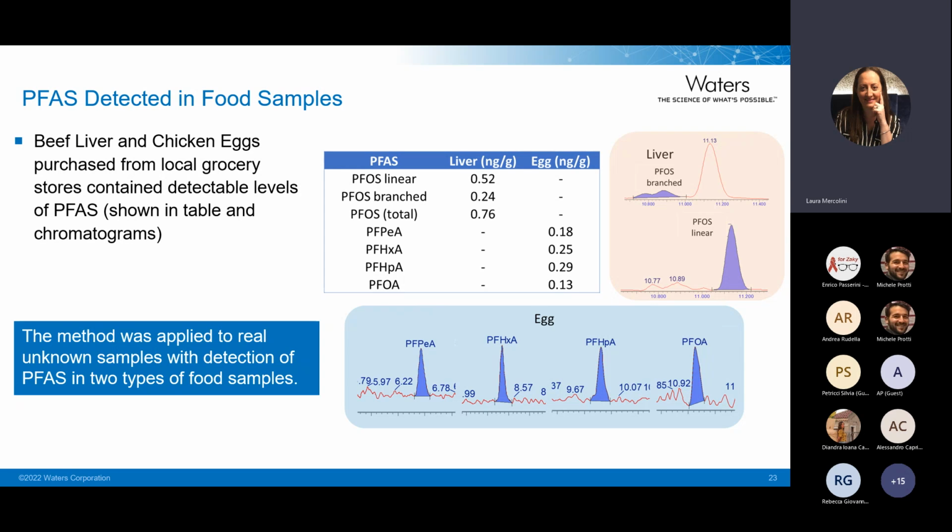Consider that the limit of the EURL is just 0.1, and we found 0.5 linear PFAS, and we are able to detect also the branched isomers of PFAS. We have to take into consideration that right now branched isomers are not included in the regulation, but it's also important to be prepared and be aware that we are able to detect them.